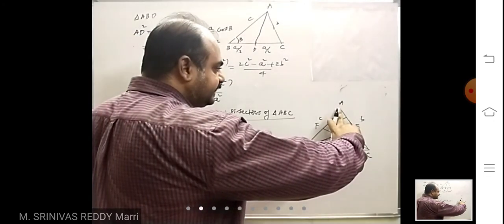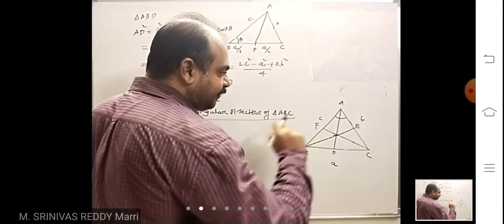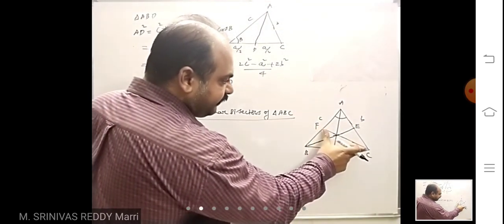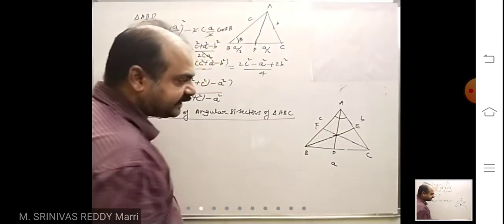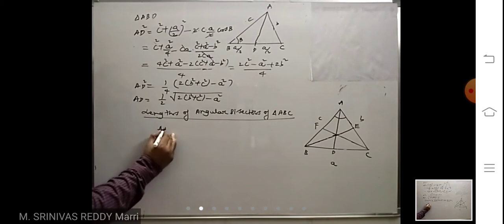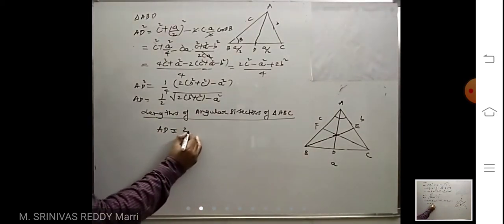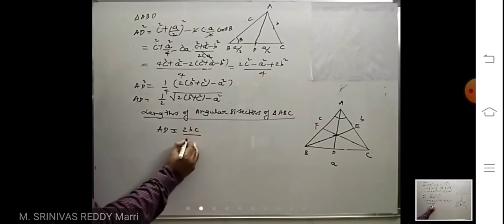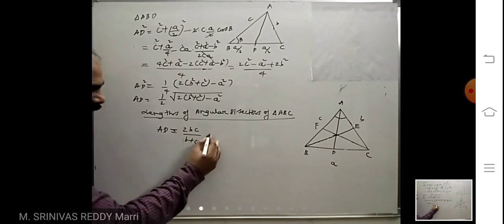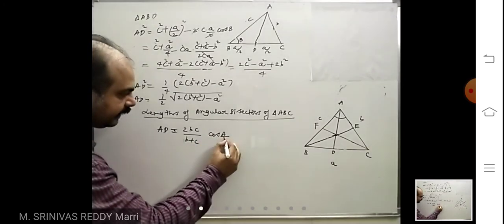AD is one length, the angular bisector bisecting angle A. BE is one length, the angular bisector bisecting angle B. CF is one length, the angular bisector bisecting angle C. I will tell the formulas for those lengths. AD is 2BC divided by (B plus C), into cos A by 2.